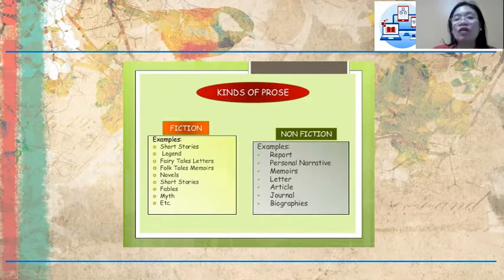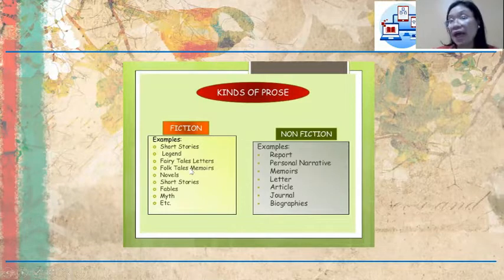For example, short stories, legends or alamat, fairy tales, folk tales. Now, children love short stories. They love legends. They love fairy tales. So generally, they love fiction.